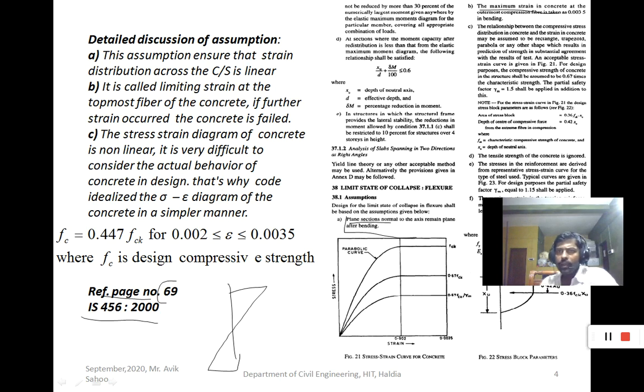So here the maximum strain in concrete at the outermost compression fiber is taken as 0.0035 in bending.